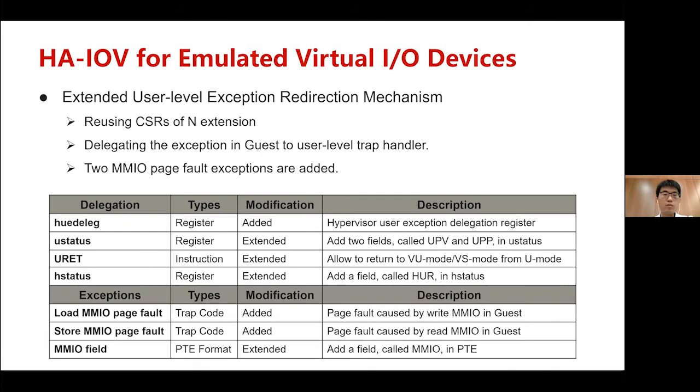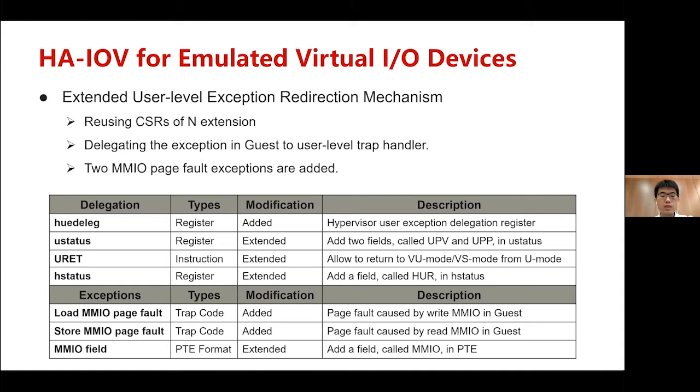Besides, two manual page fault exceptions are added. Those exceptions will also be handled in the host user space. When guests access specific memory addresses of emulated I/O devices by load or store instructions, the corresponding exception will be raised.